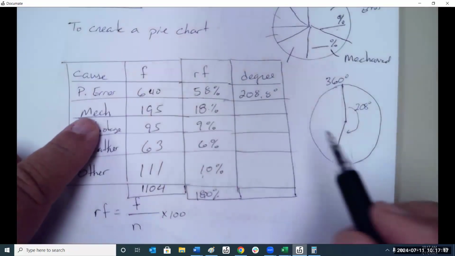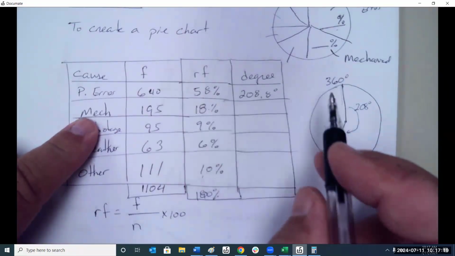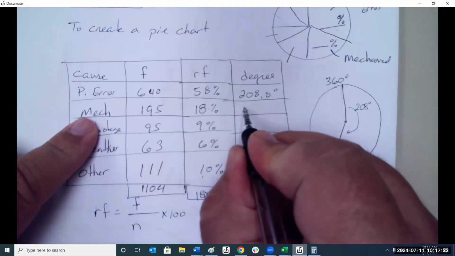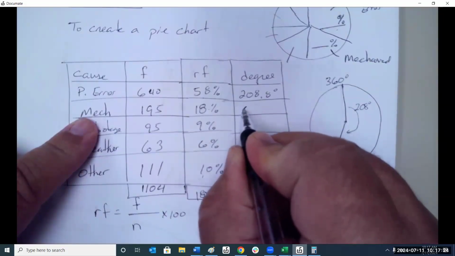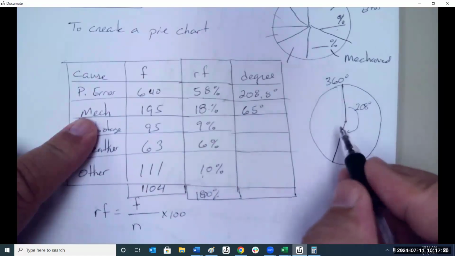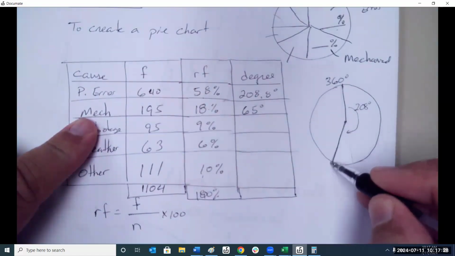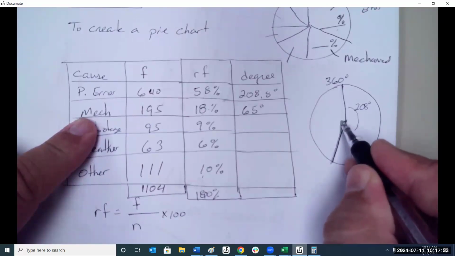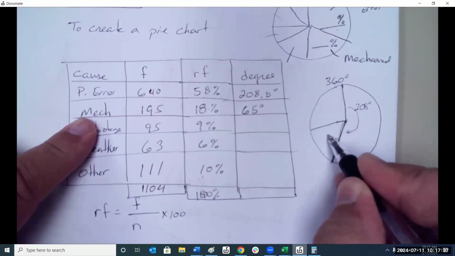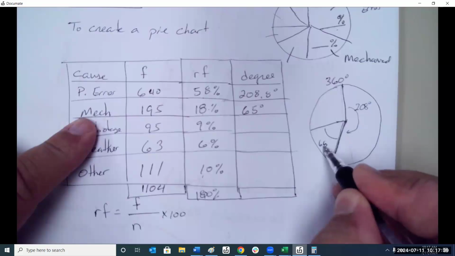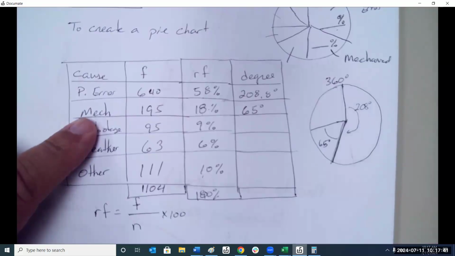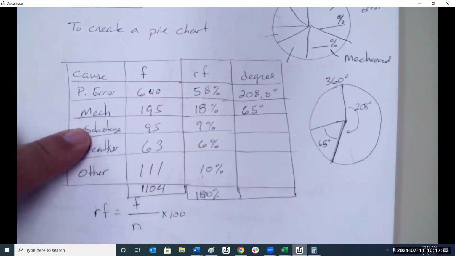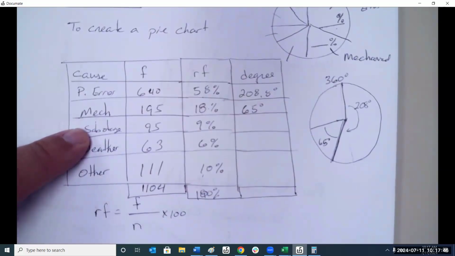Then how much is mechanical error? 18% of 360. 65. Okay, so from this line, we would cover 65 degrees. So from here to here is 65 degrees. .09 times 360.